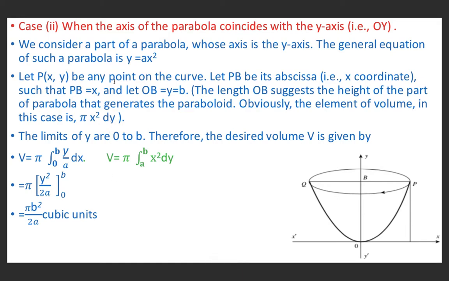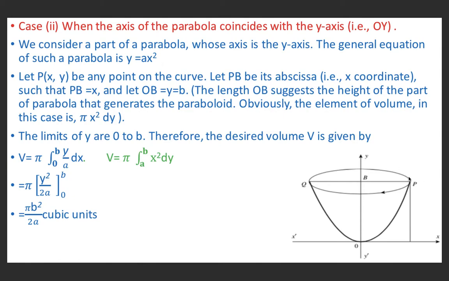Now suppose we revolve the parabola about the y-axis. We have considered the parabola whose axis coincides with the y-axis, that is OY. Suppose the equation of the parabola is y equal to ax square. We can also take 4 here, but I have taken only y equal to ax square.